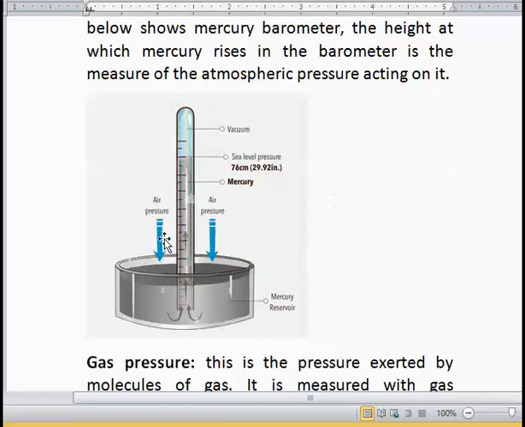One thing about atmospheric pressure is that any surface that is exposed to the atmosphere must always have atmospheric pressure. So anytime you have a container of liquid, you know very well that it has its own pressure.